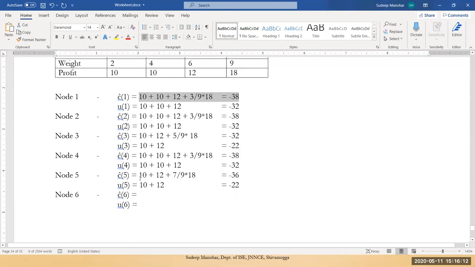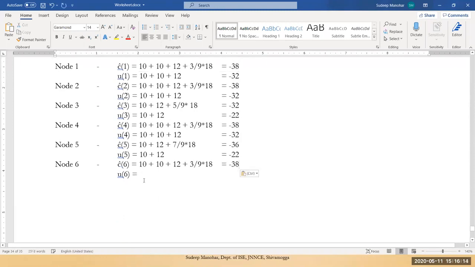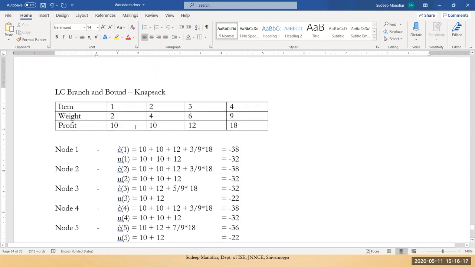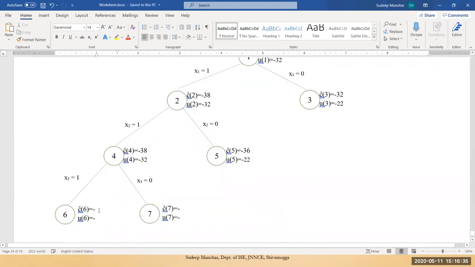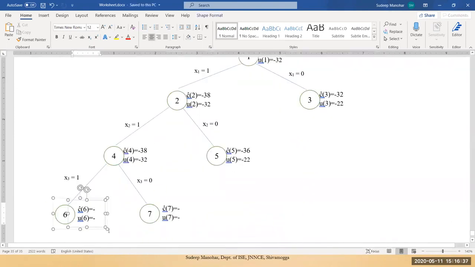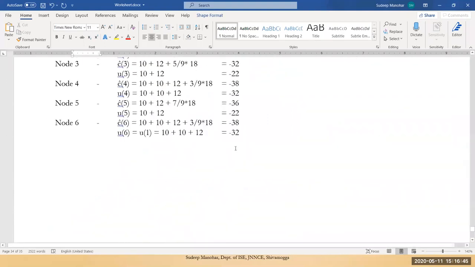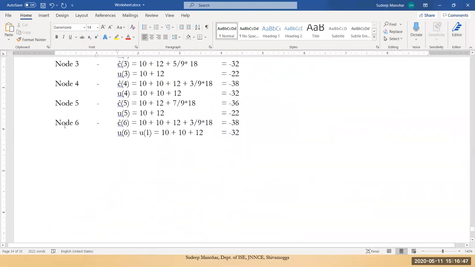There is no change in that. What about without fraction? Without fraction also there will be no change, because you are considering item number 1, 2 and 3, the value is 32. Minus 38 and minus 32. No change in that. And 32.